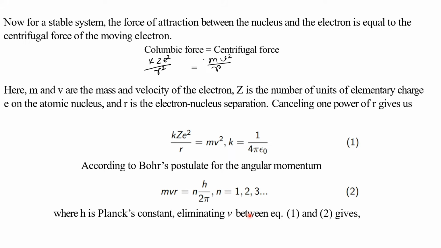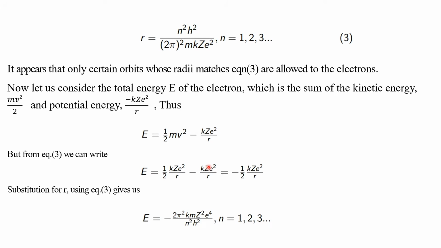Eliminating v between equations 1 and 2, we get r. The value of r from equations 1 and 2 is n square h square by 4 pi square m k z e square. So it appears that only certain orbits whose radii match equation 3 are allowed for the electrons. Now let us consider the total energy E of the electron, which is the sum of kinetic energy and potential energy.